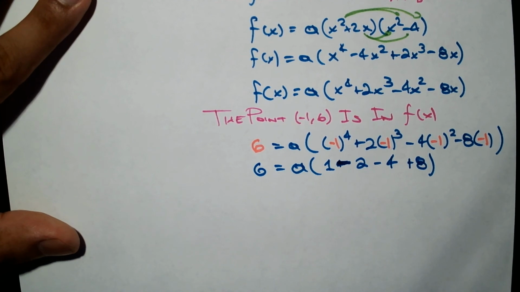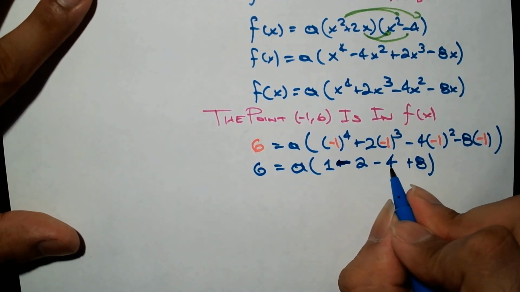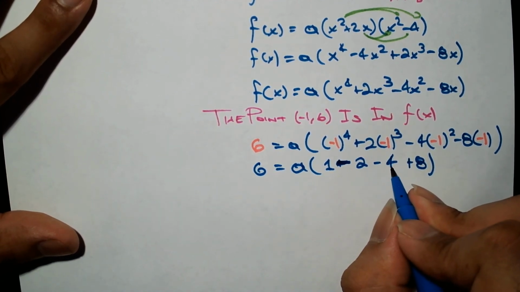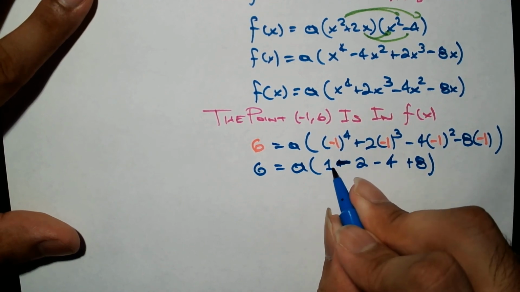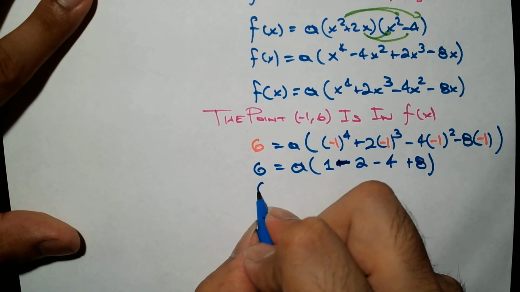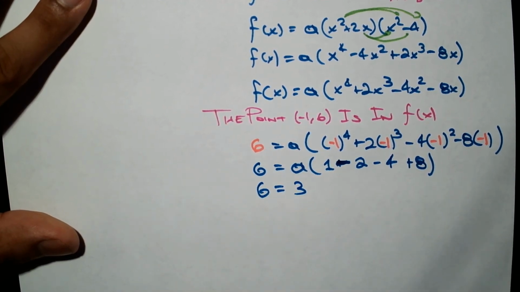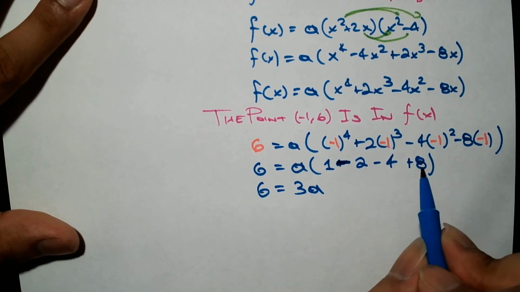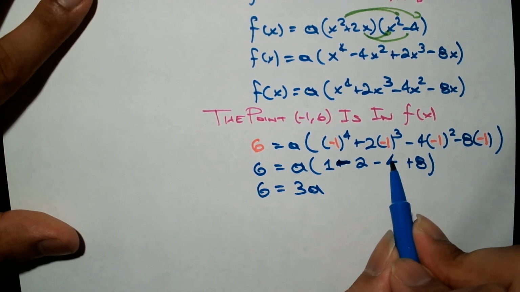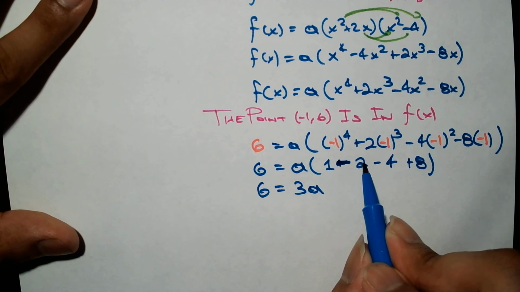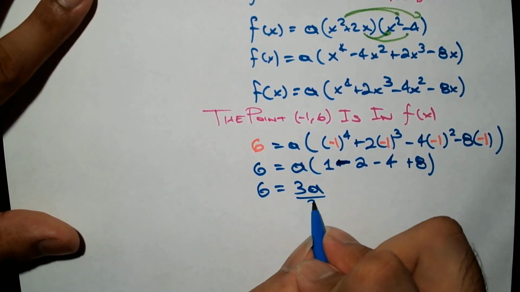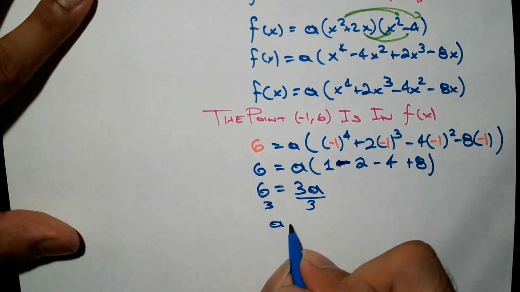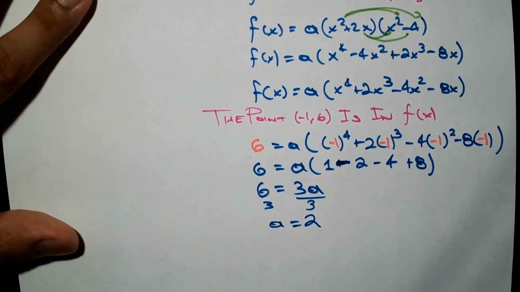So let's simplify this. 8 minus 4, that's going to give us 4. 4 minus 2 is going to give us 2. And 2 plus 1, it's going to be 3. 3a. Okay, let's do that again. 8 take away 4, that's 4. 4 take away 2, that's 2. 2 add 1, that's a 3. And divide both sides by 3 to get a equals 2.